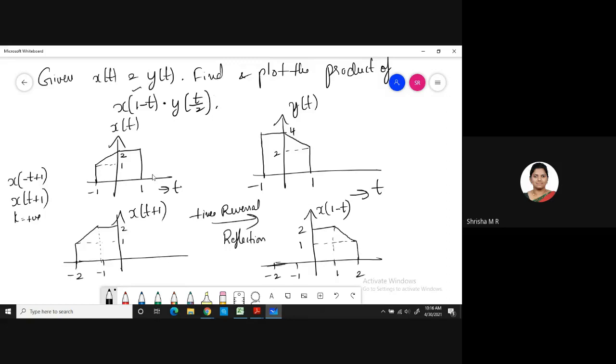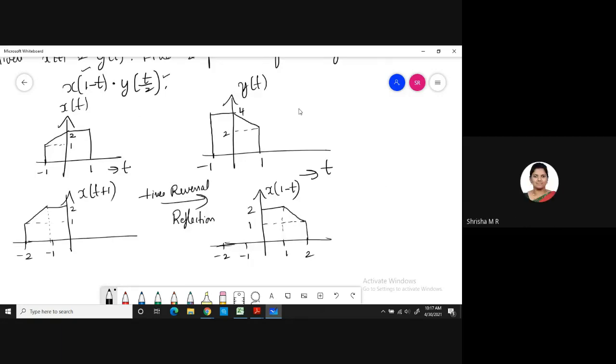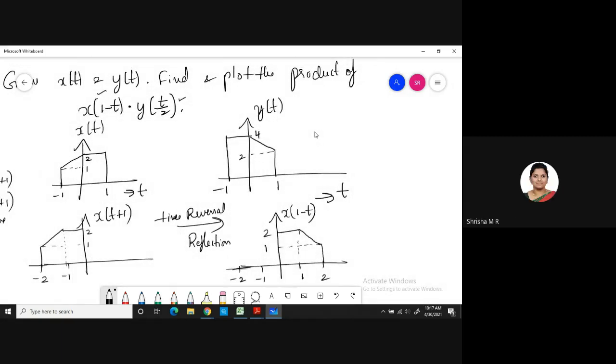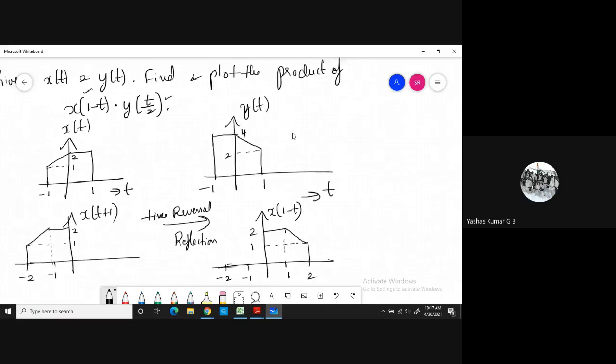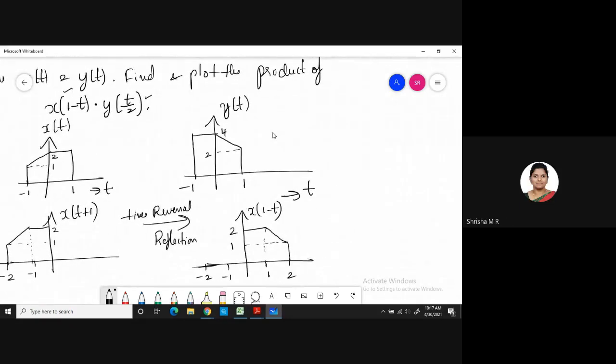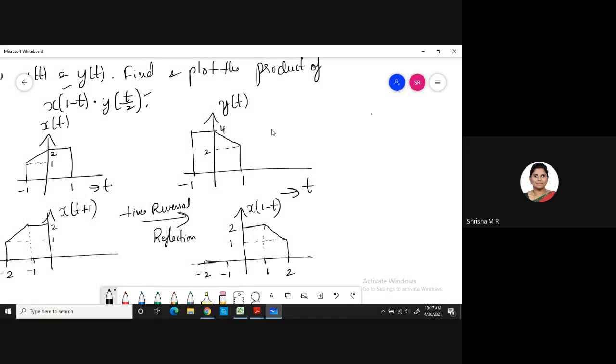Now let us plot y of t by 2. So how do you plot y of t by 2? By scaling. So what exactly are you doing in y of t by 2? Divide the time axis by 0.5, that is 1 by 2.